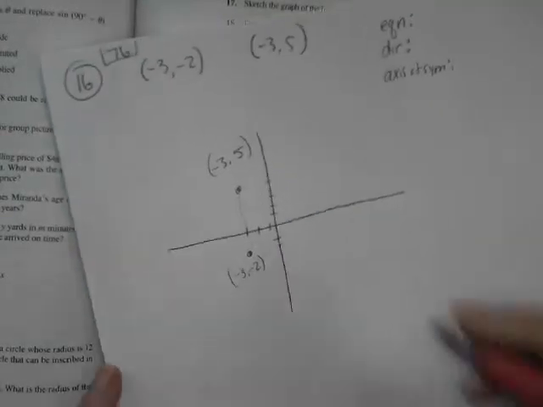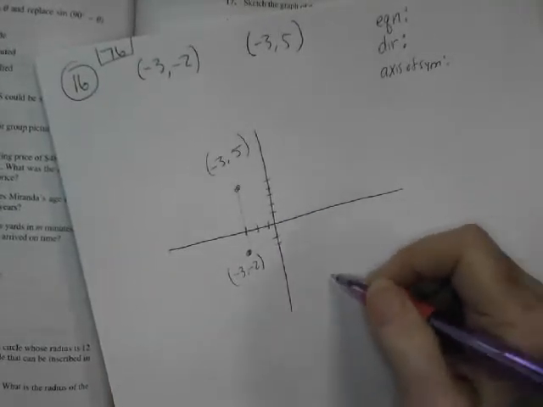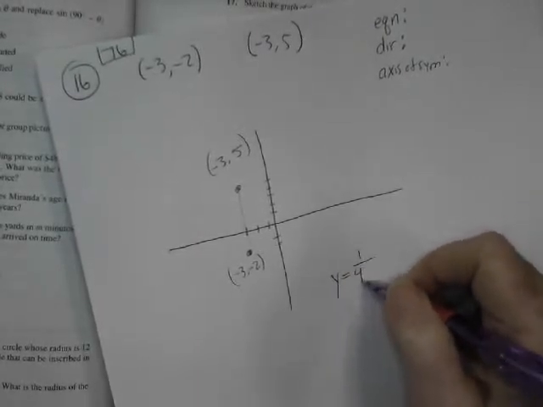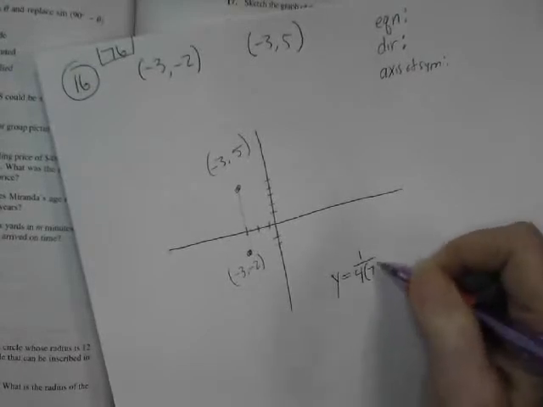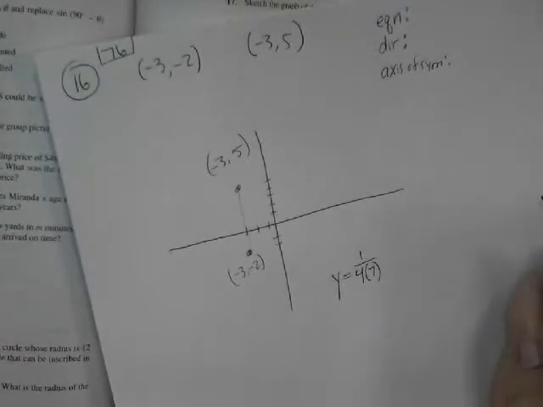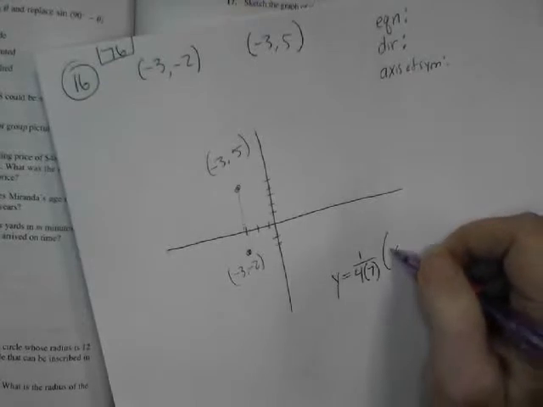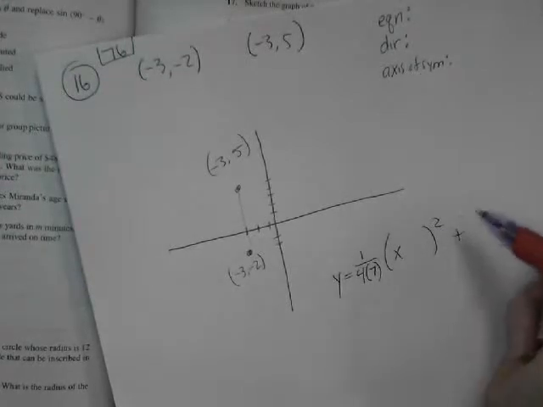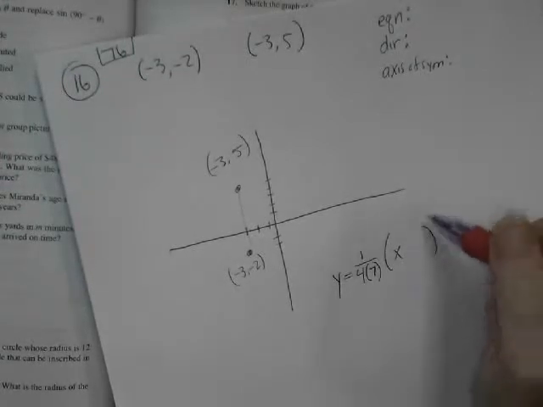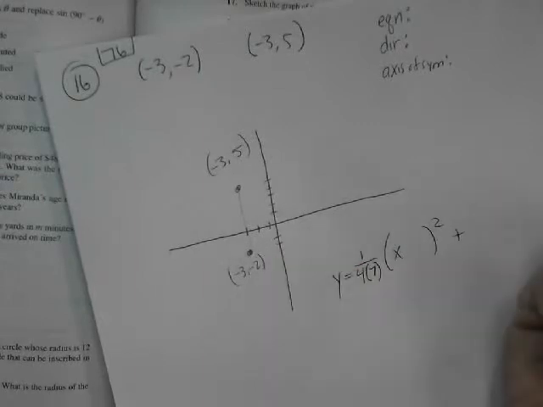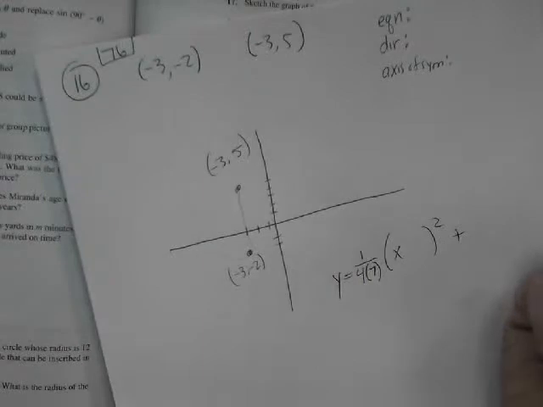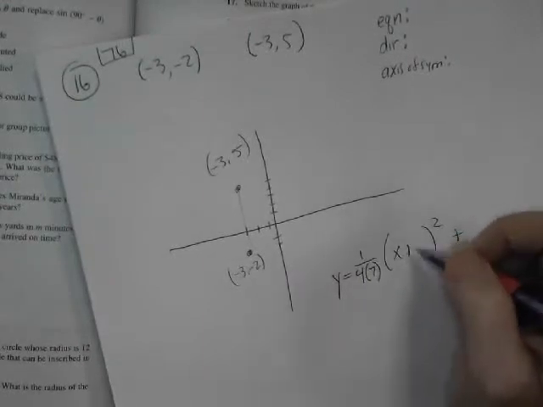So P is 7, and the equation in vertex form of a parabola is y equals 1/4 times P, but instead of P I'm going to put 7, times x minus h squared plus k. The vertex is right here, so it's going to be x minus -3, which is the same as x plus 3.